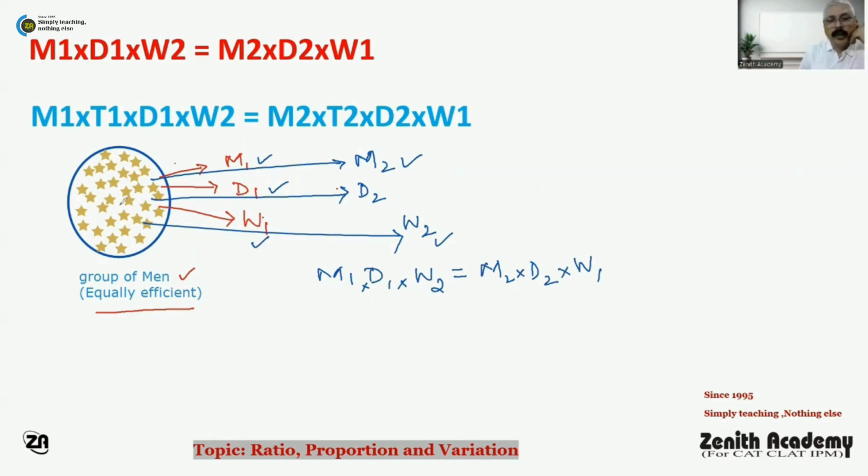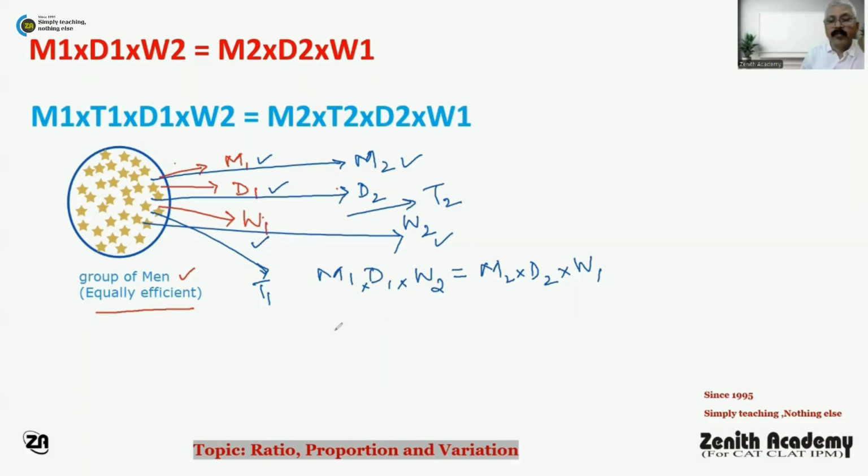And in another scenario, suppose these M1 number of men from this group work D1 days and daily they work T1 hours. And here M2 number of men from this group in D2 days while working T2 hours daily finish W2 work.